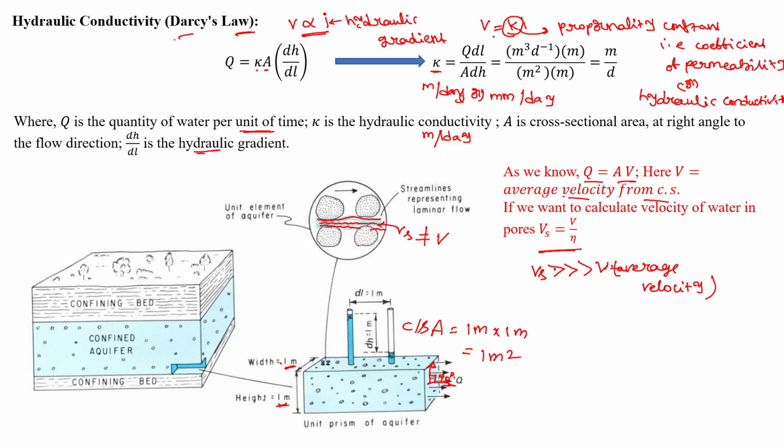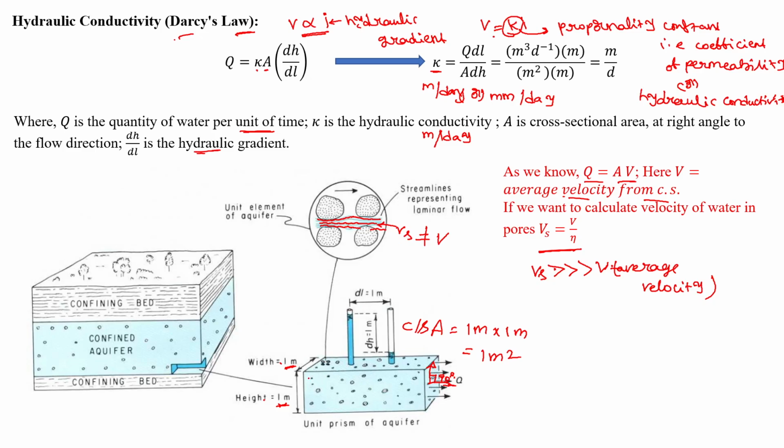Given that the flow is steady state, this Vs will be much higher. The computation of Vs is necessary to understand contamination transport and solute transport. We will see in the next slides why we calculate Vs.